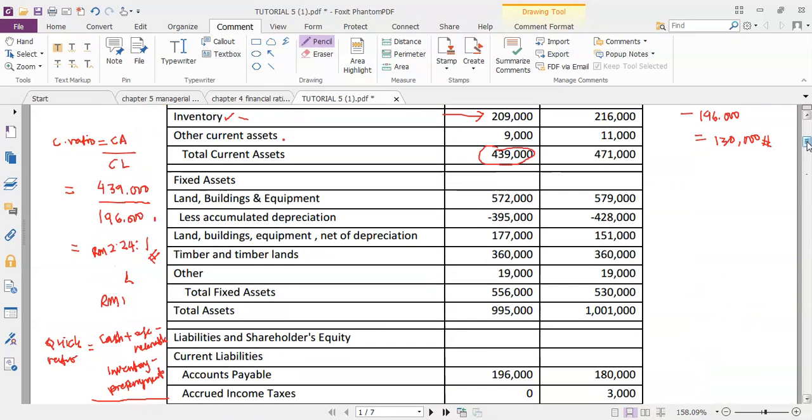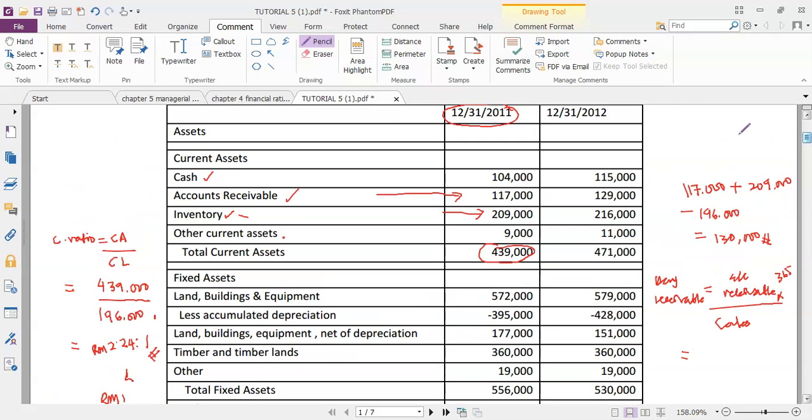Day receivable is equal to account receivable divided by the sales times 365. How much is our account receivable? 117.